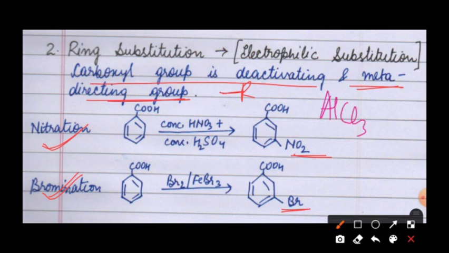What does it do? It acts as a Lewis acid, which means it is an electron acceptor, so it will directly get bonded to the carboxylic acid group. So Friedel-Crafts reaction is not possible. So you need to remember this also. Here we come to the end of the chapter, aldehydes, ketones and carboxylic acids.